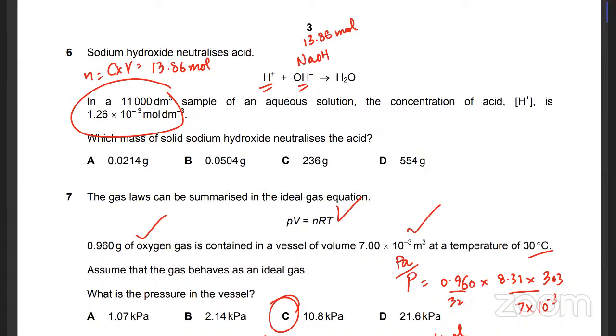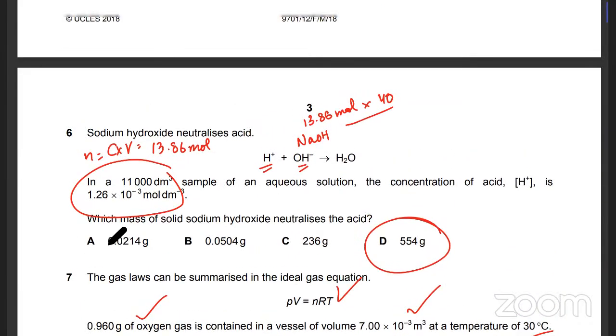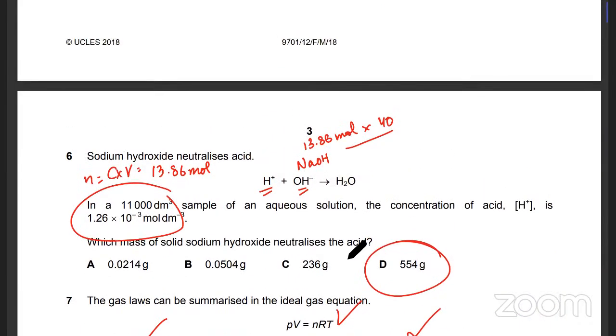So the next part is what is the mass of it? So multiplied by the Mr of NaOH, which is 23 plus 16 plus 1, that's 40, right? D. So it's going to be D, right? Yes. You had the concentration of H+ and they gave you the solution volume as well.